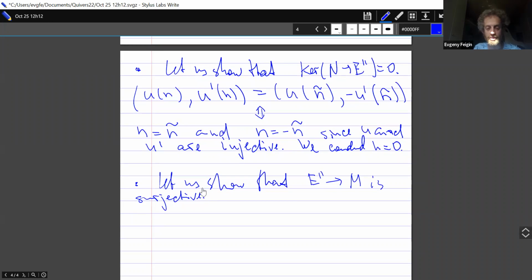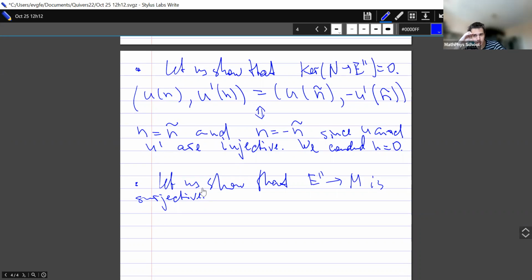So we want to understand that every element in M is covered by some pair in E double prime. It is enough to take some preimages of some fixed element of M. Yeah, absolutely.